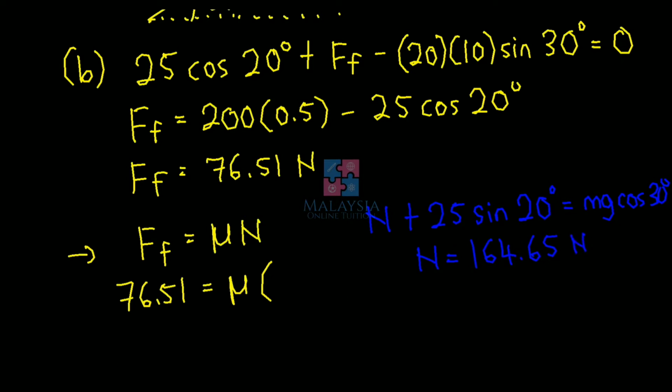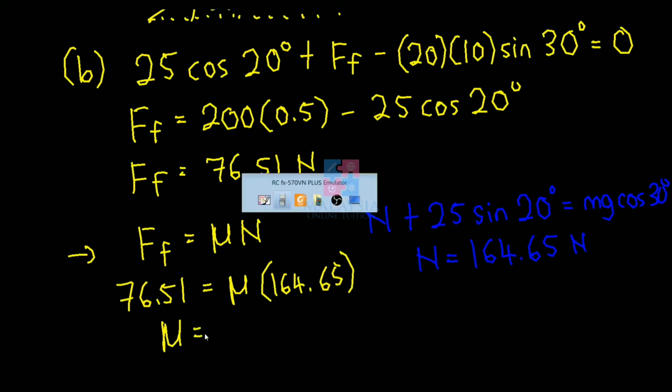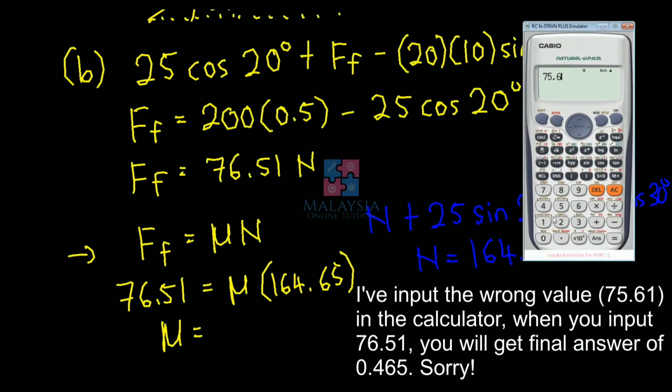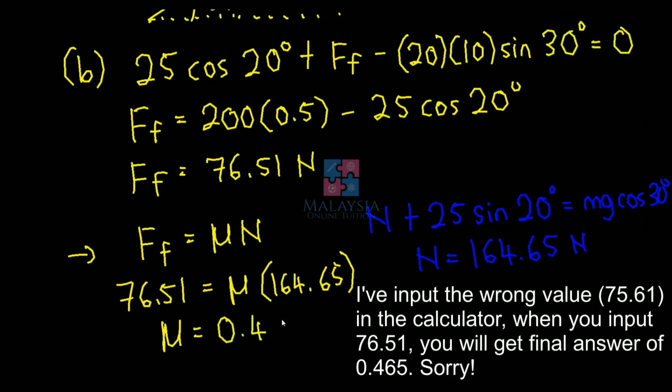So now we are going to replace this inside, 164.65. So finally your final answer for mu will be 75.61 divided by 164.65, you will get 0.459. So this will be the final answer for question number 4, part B.